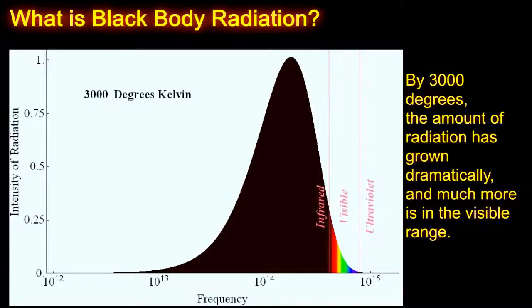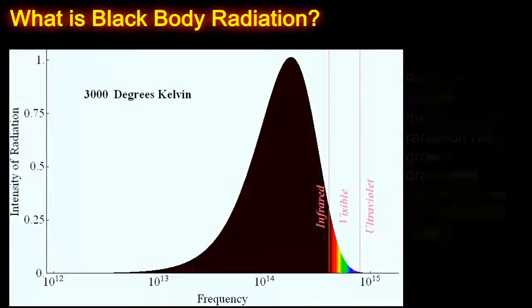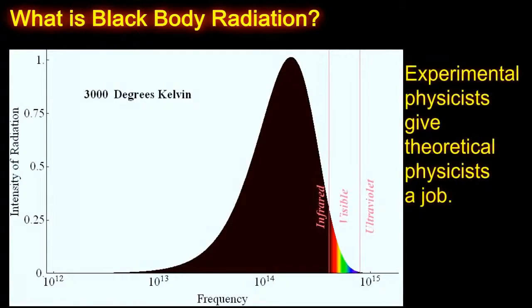At all temperatures, the curve moved up to a maximum and then trailed off to zero at high frequencies. The frequency and height of the maximum depended only on the temperature. By 1890, experimental physicists had collected a large set of data. The stage was set for theoretical physicists to explain the curves.